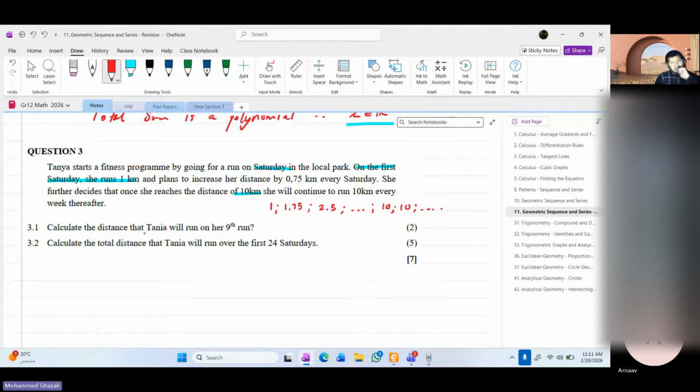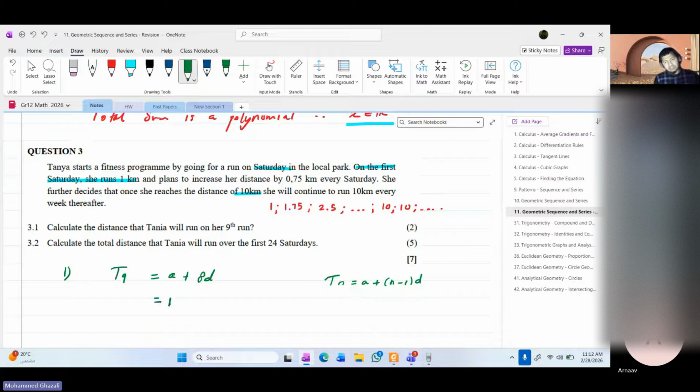Calculate the distance that Tanya will run on her ninth run. So we want to calculate term 9. Term 9 will be a plus n minus 1 d, which is 9 minus 1, 8d. Tn is equal to a plus n minus 1 d, so 9 minus 1 is 8. Instead of writing 9 minus 1, just write a plus 8d.